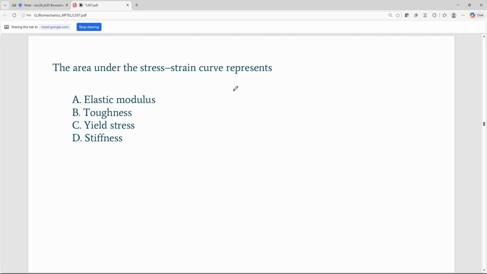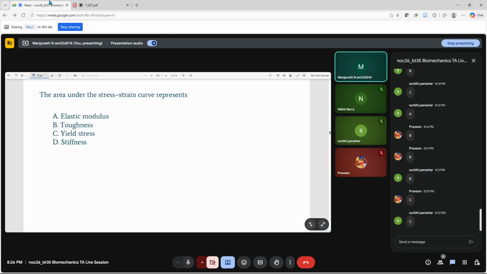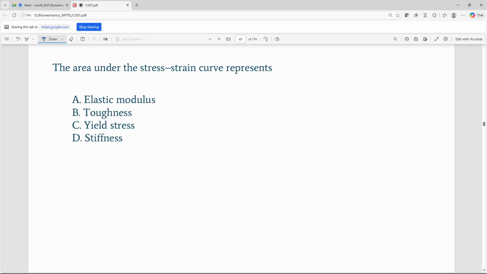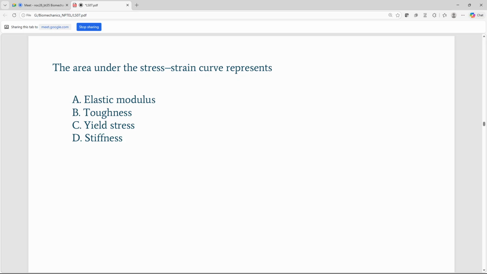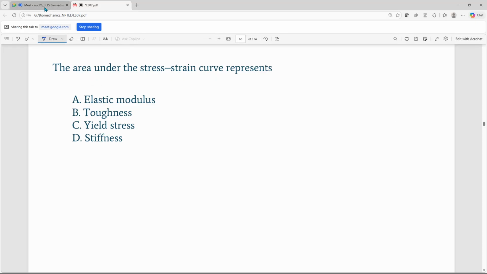What does the area under the stress strain curve represent? Answer is option B, toughness.